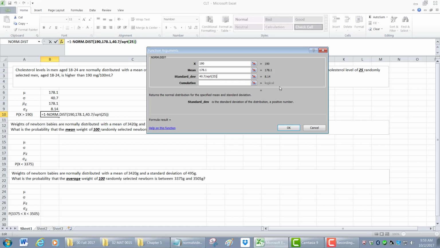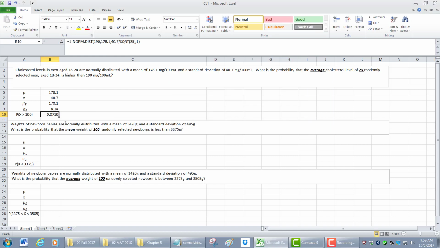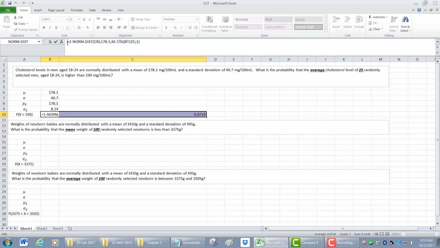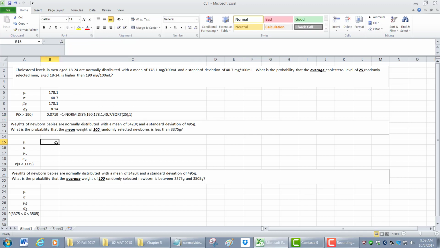And cumulative is 1 because it always is in the normal distribution function. Okay, so our probability is 7.19%, and this is how we got that function. There we go. Okay, so that's problem 1.